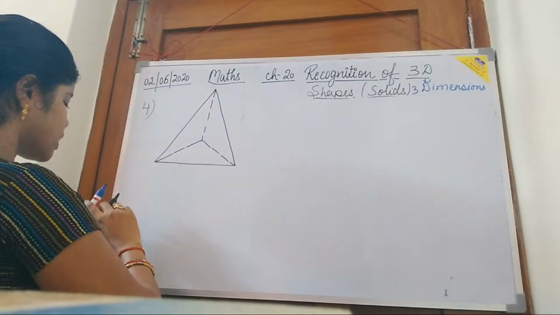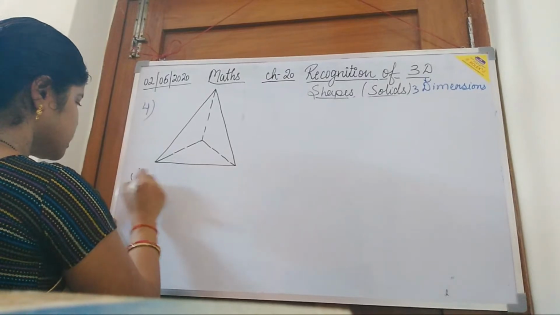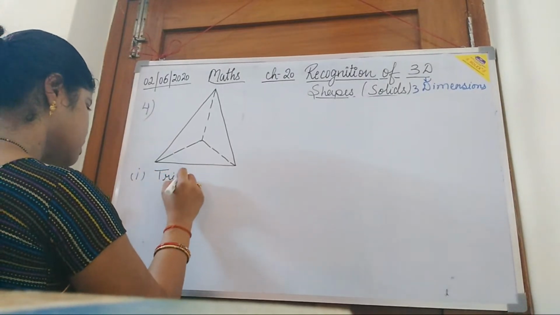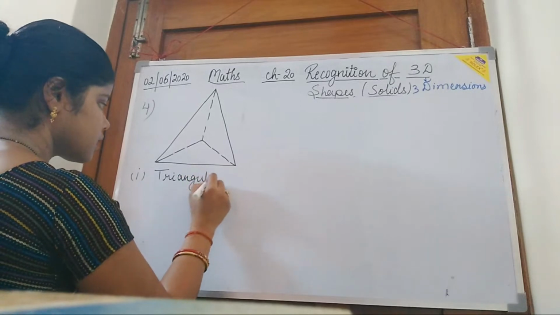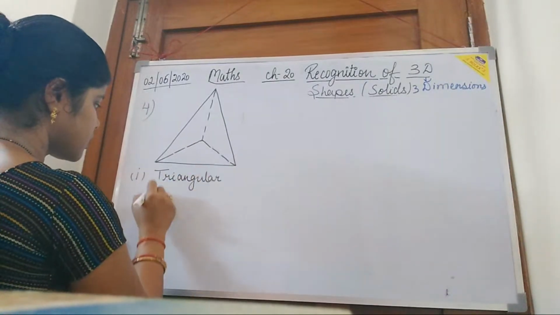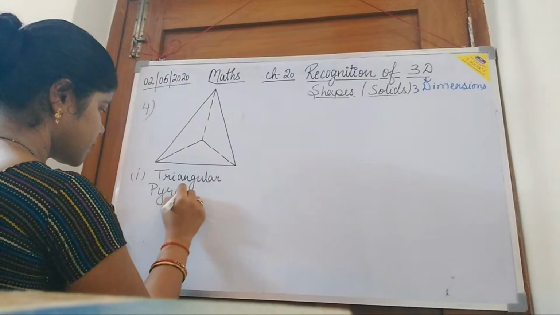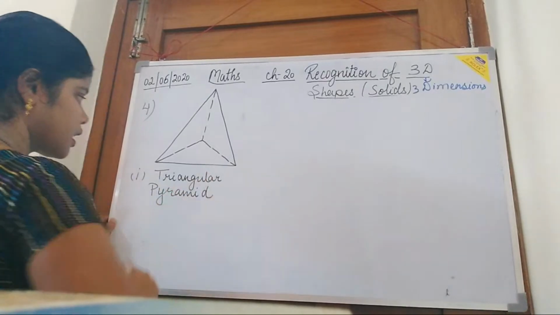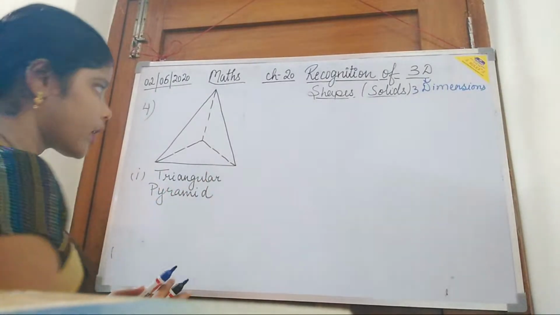So this one is your triangular pyramid. Triangular pyramid or tetrahedron.